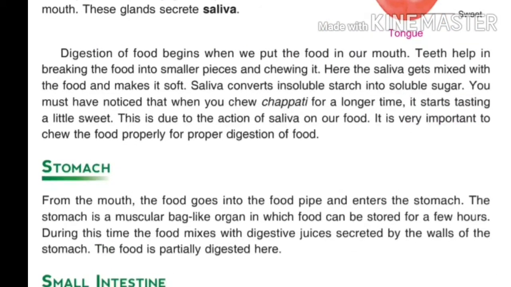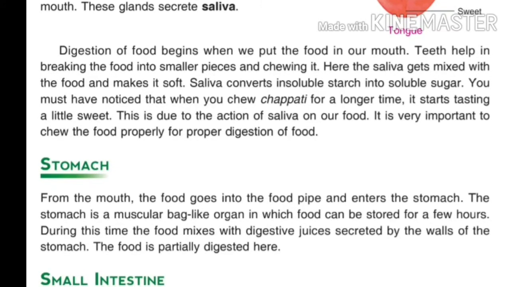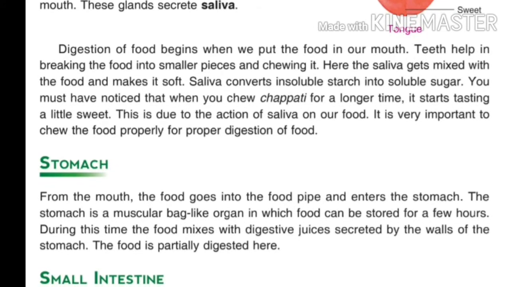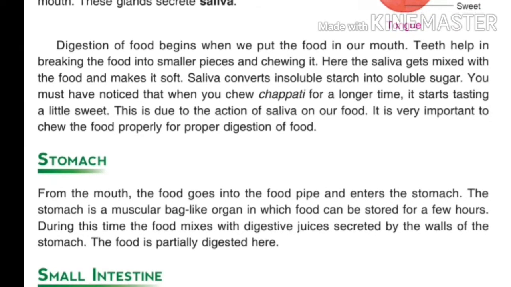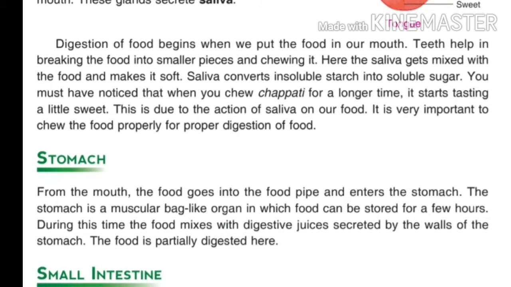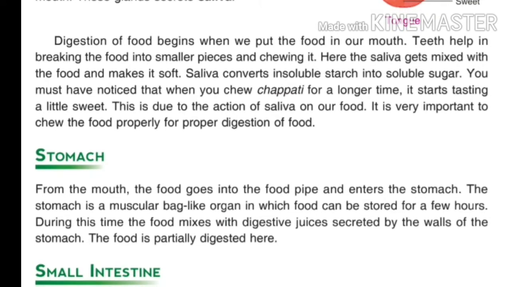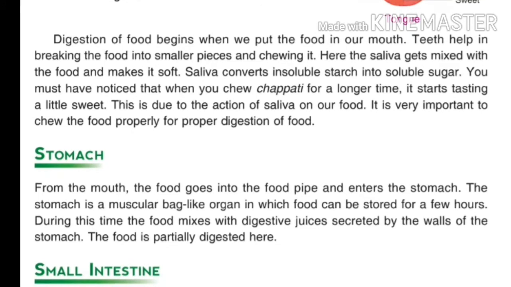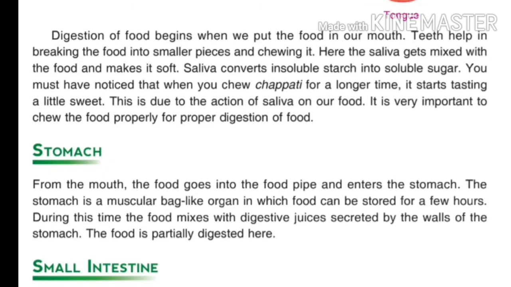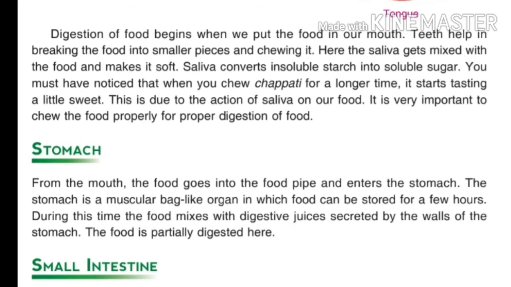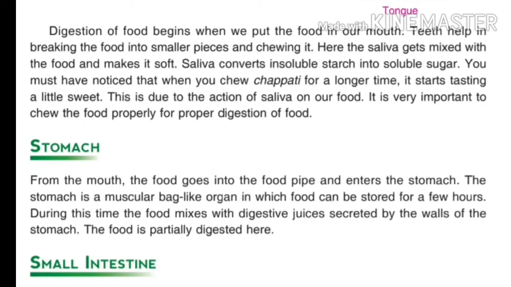What happens to the chapati when you chew it for a longer time? You saw, it becomes sweet. The roti becomes sweet to taste. This is due to the action of saliva on our food. So saliva is a very important part in the digestion of food. It is very important to chew the food properly for proper digestion.